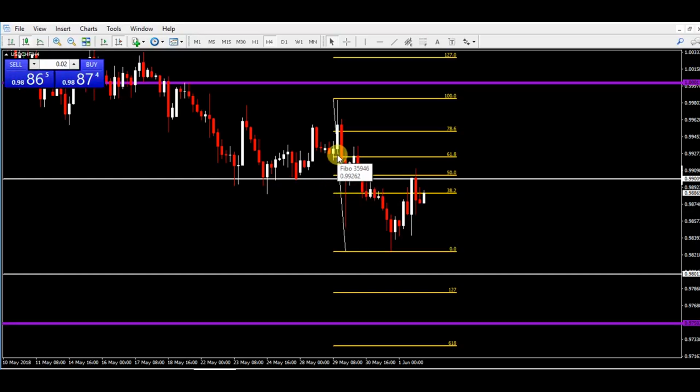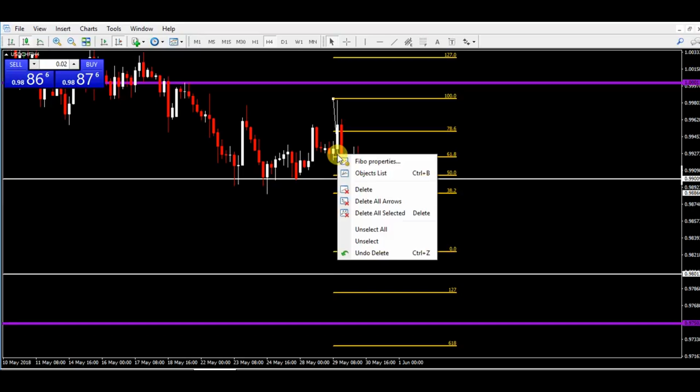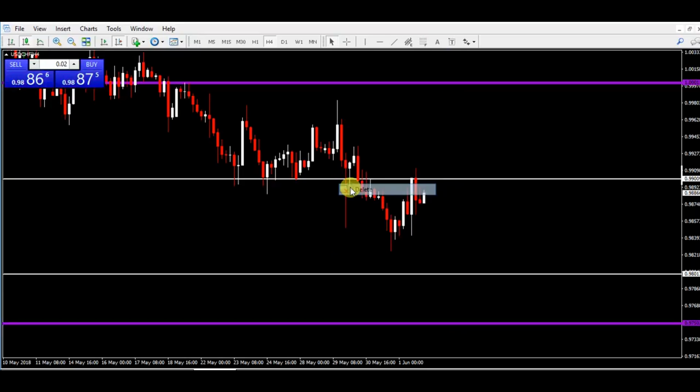So no coincidence there. I've gotten to the point I don't even use the Fibonacci tool anymore, because without even drawing it, I can pretty much eyeball it and tell that it was at a 50% retracement. All right, so that's on the 4 hour.